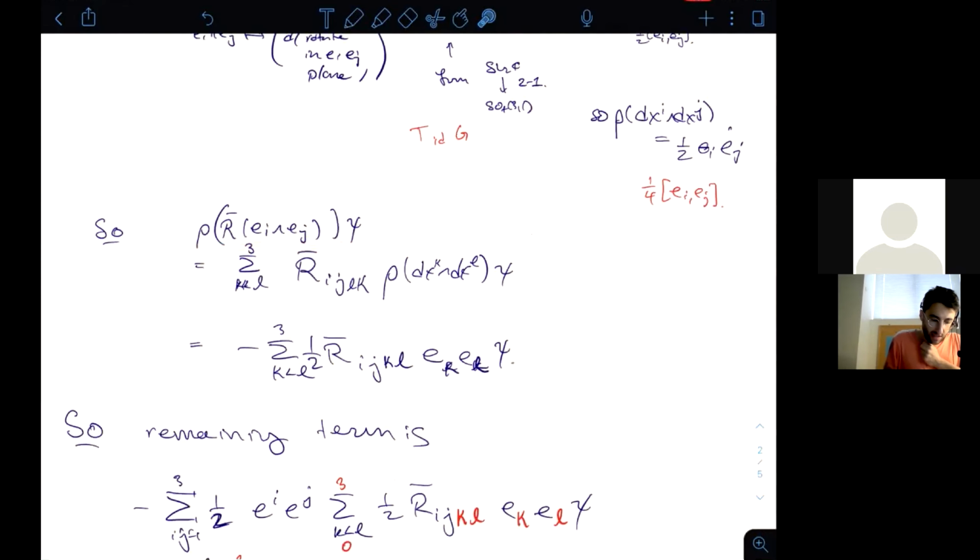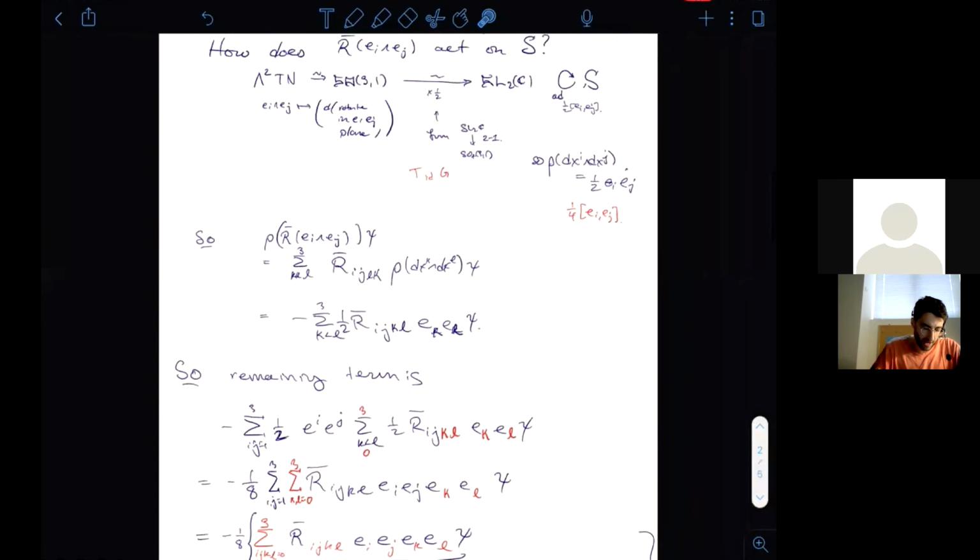Well, it is Rijkl, Rijlk rho dxk wedge dxl acting on psi, which, if you want to reverse the L and the K to write them in the usual order IJKL, you pick up a minus sign. Then we also get a half from this rho. Okay, so let's go back to what we were doing.